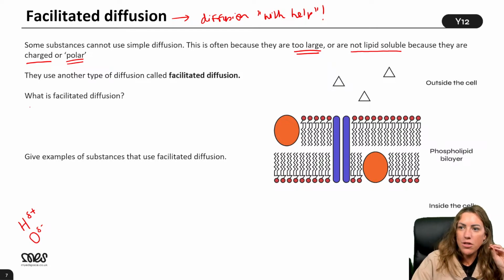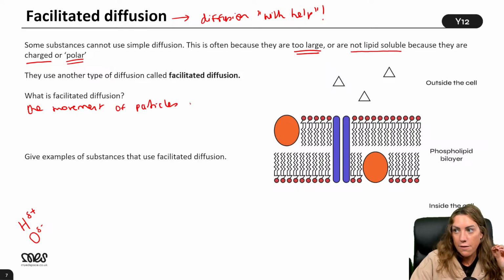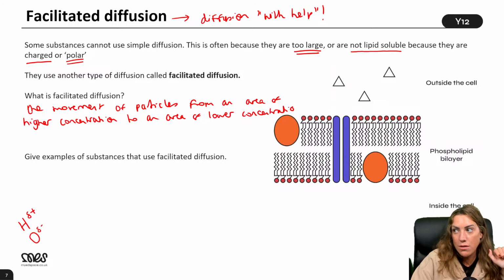So facilitated diffusion, let's put a definition down. It's exactly the same as simple to begin with. It's the movement of particles from an area of higher concentration to an area of lower concentration, but it uses a transport protein.